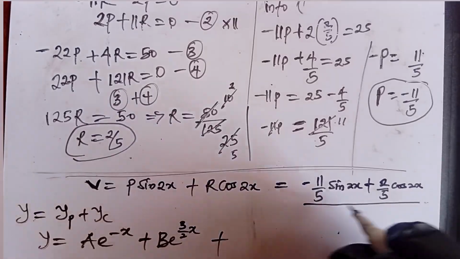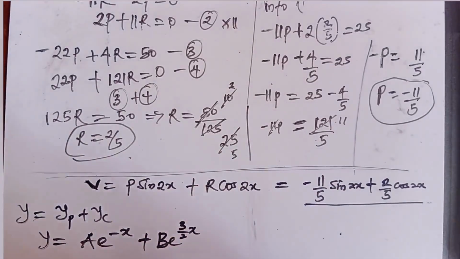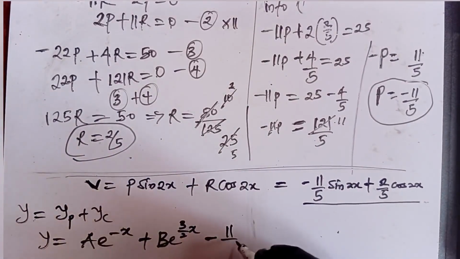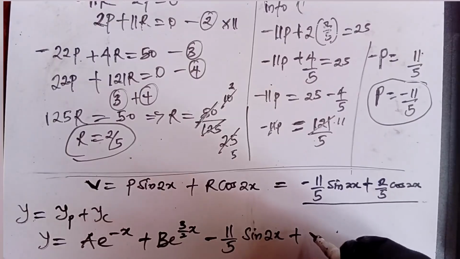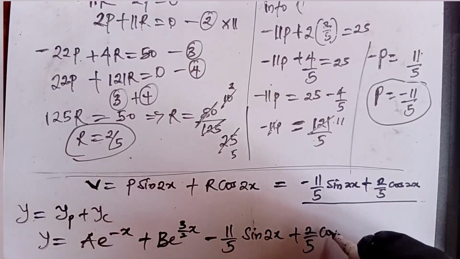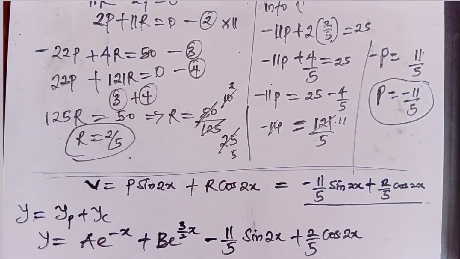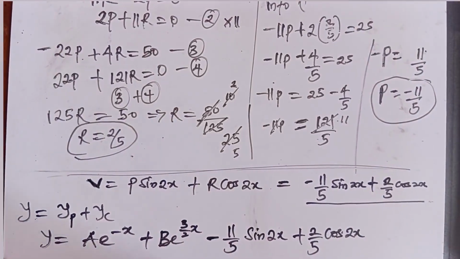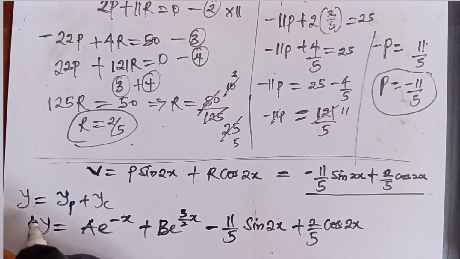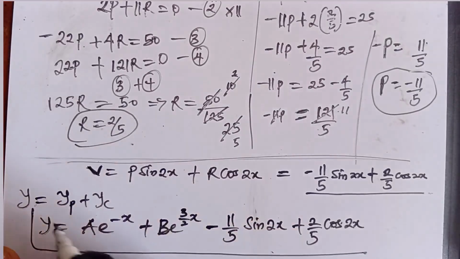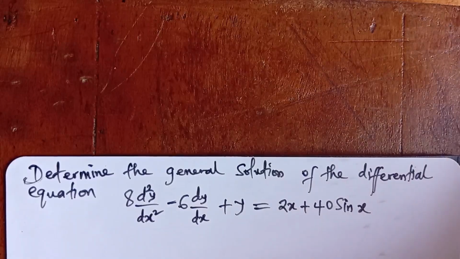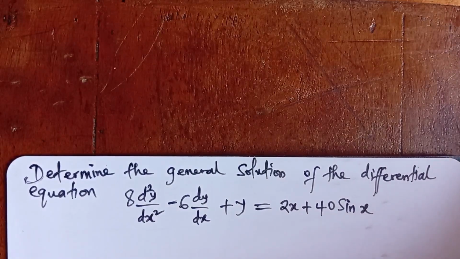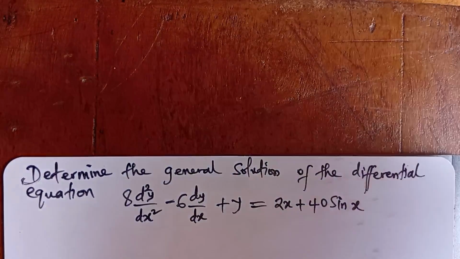Then we'll add this one to it: minus 11 over 5 sine 2x plus 2 over 5 cos 2x. This is the general solution to that second order non-homogeneous differential equation.